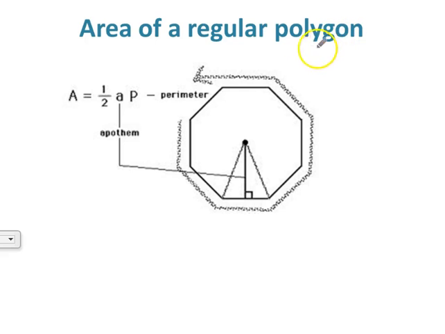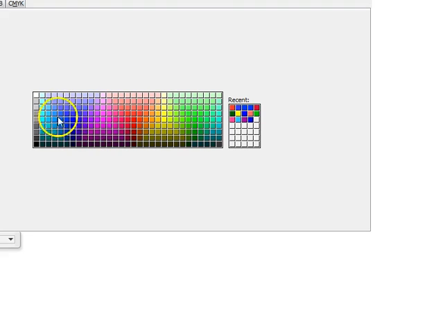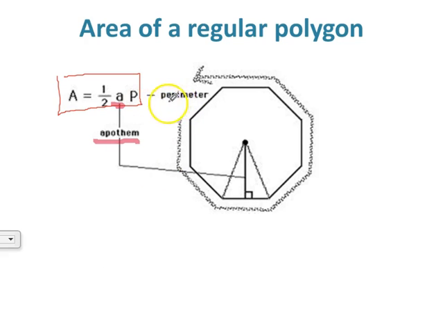Here we go. The formula, write this down in your math notebook. A, the area, equals 1/2 a times P, where the lowercase a stands for apothem, and the uppercase P stands for the perimeter of your polygon.